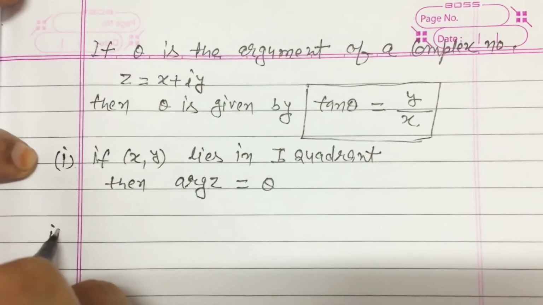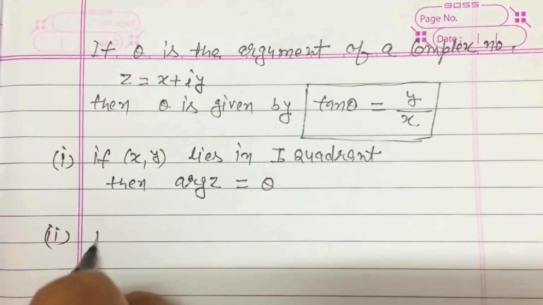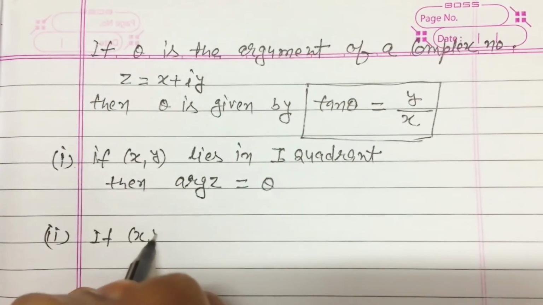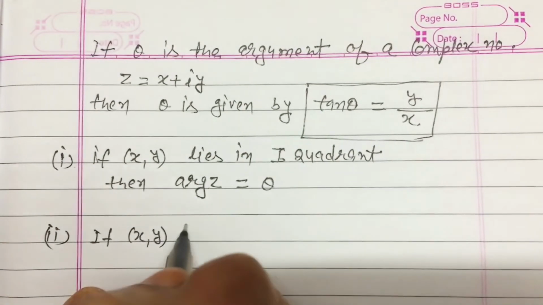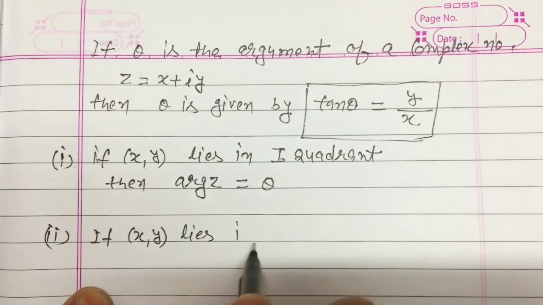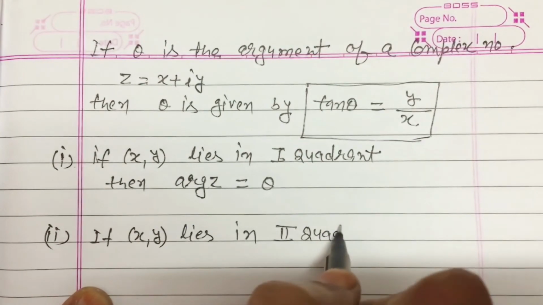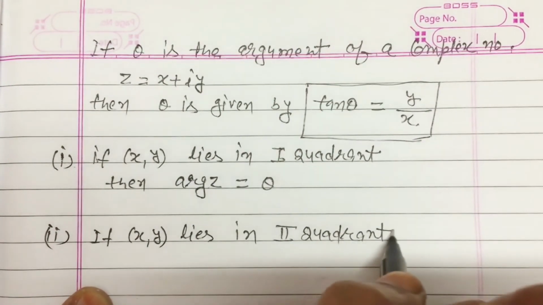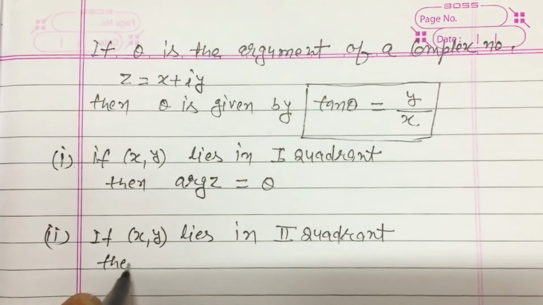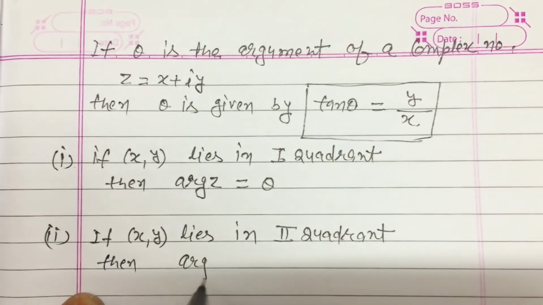Second, if (x, y) lies in the second quadrant, then argument of z is equal to pi minus theta.